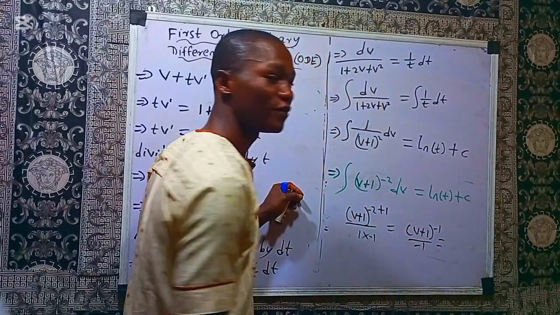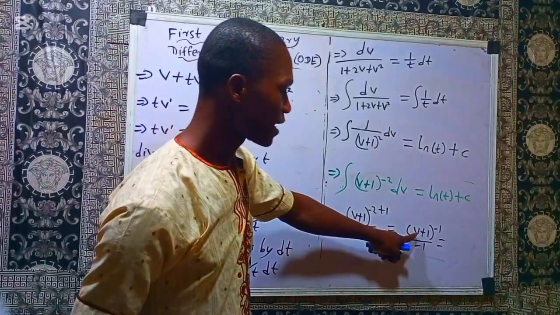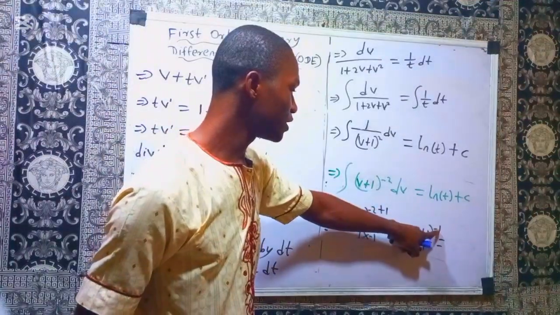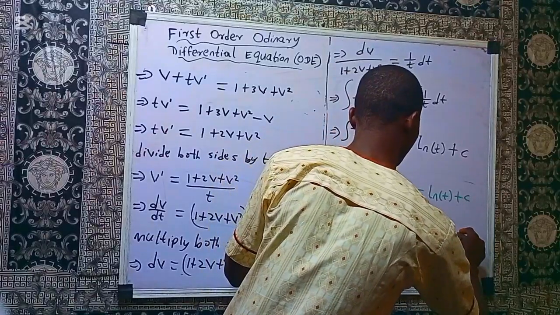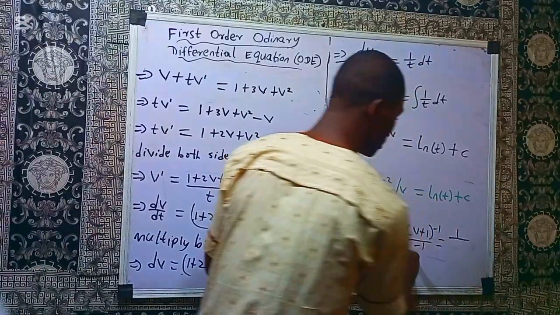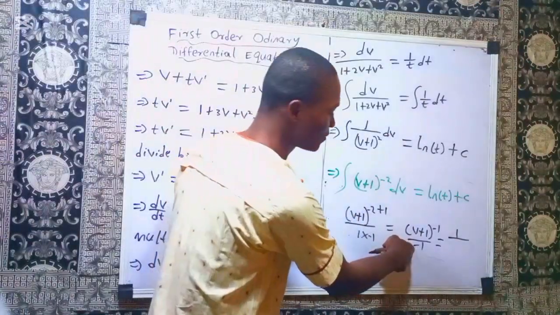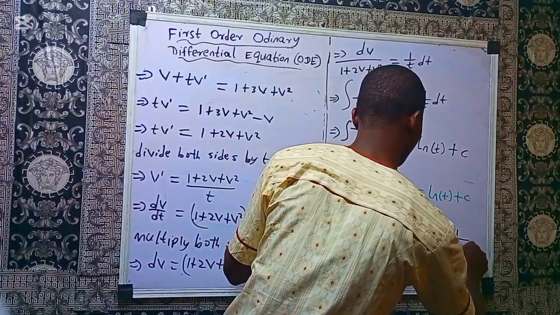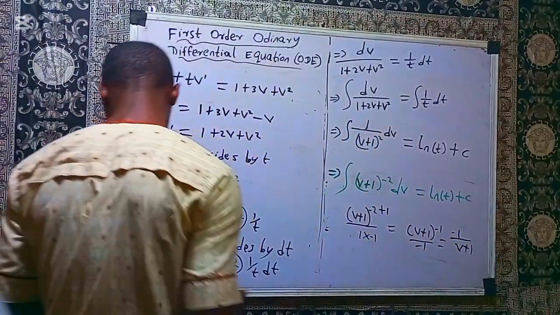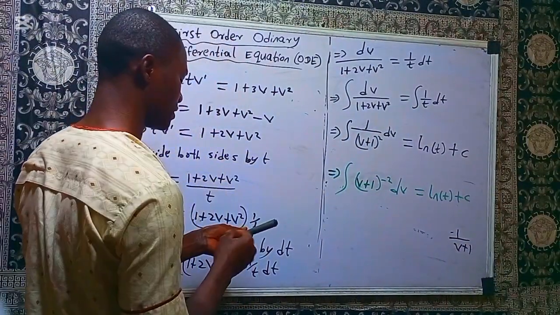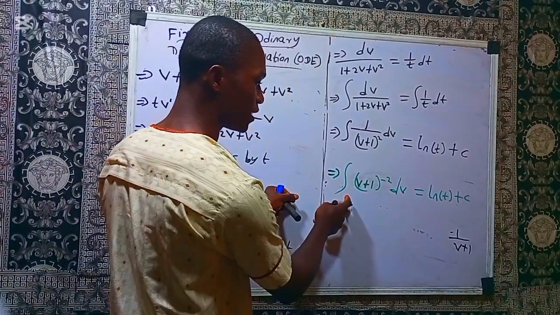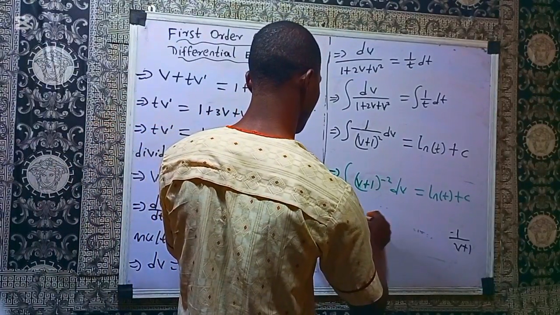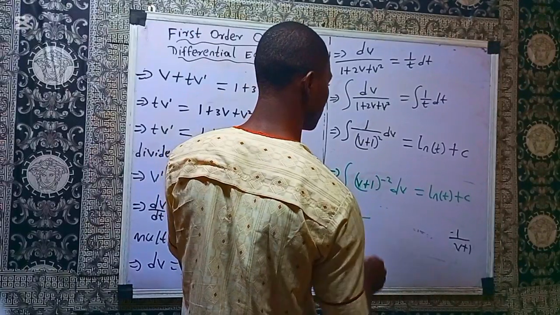By the law of indices, I can return this to a fraction by removing this minus sign, and I'll get negative 1 over v plus 1. So that will be the integral of that.